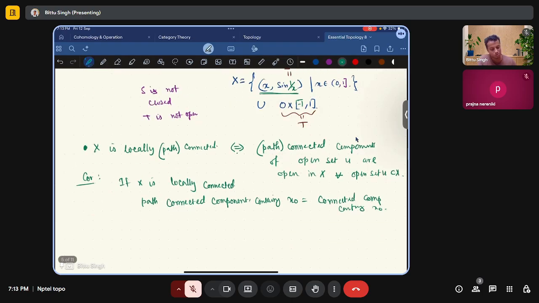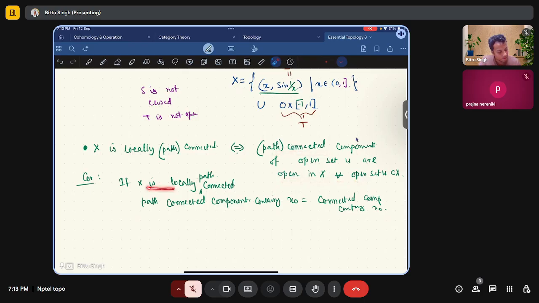So why is this true? Because we have already seen that if X is locally path connected, then path connected components of X are open subsets, right? Those path connected components are open subsets.